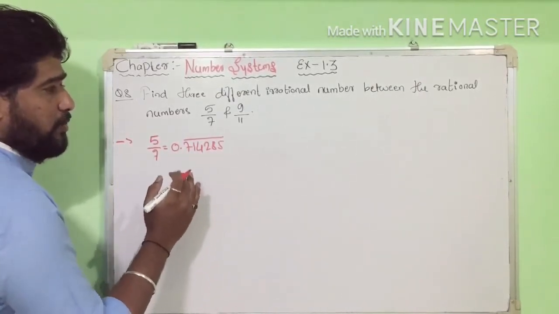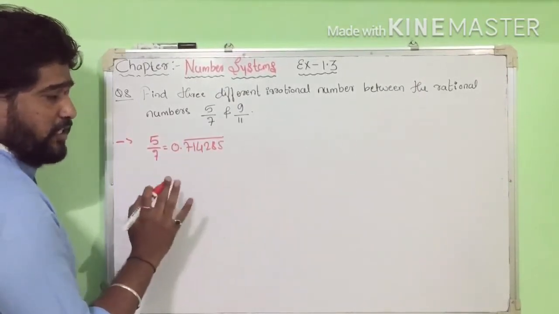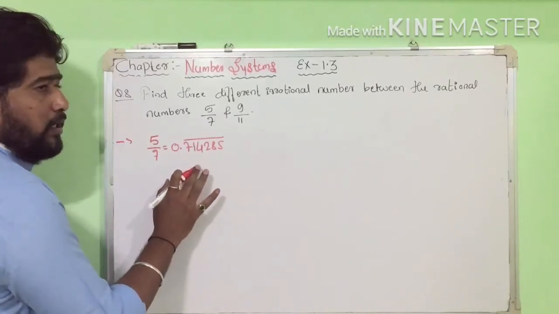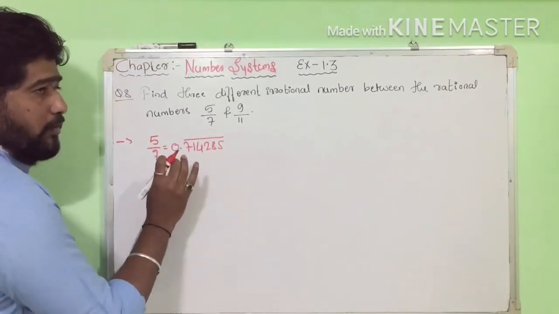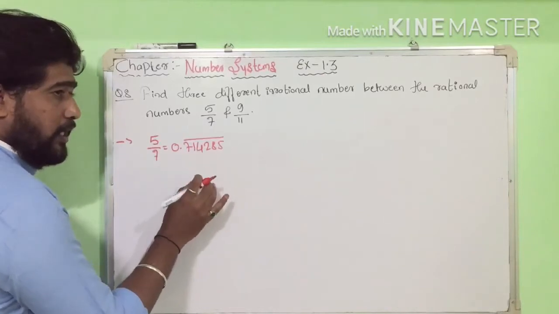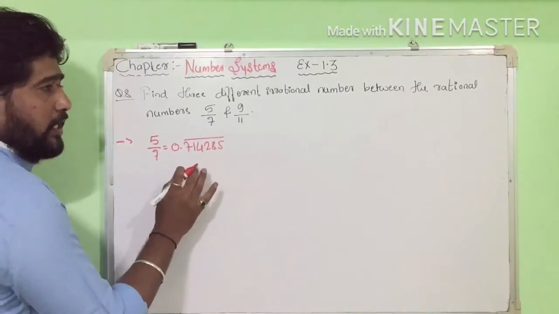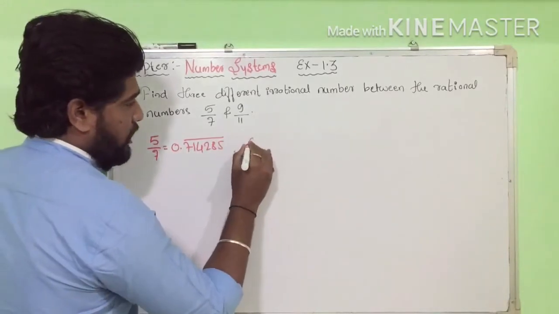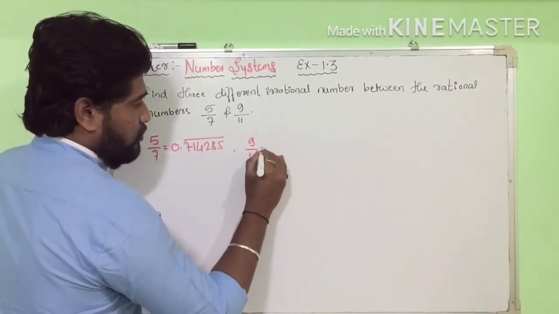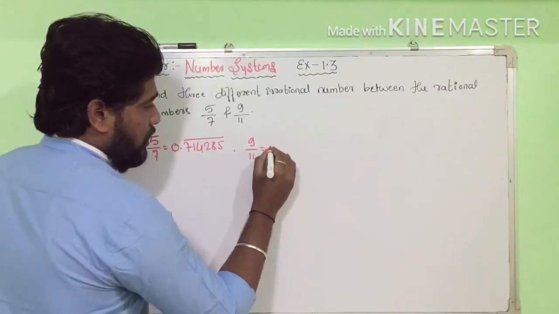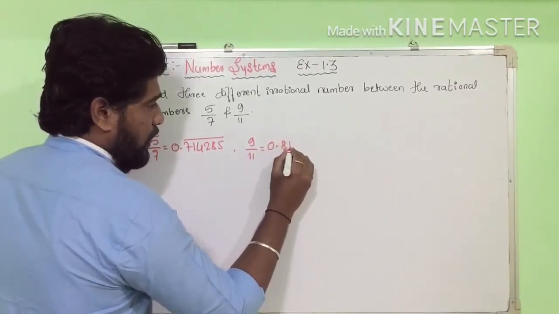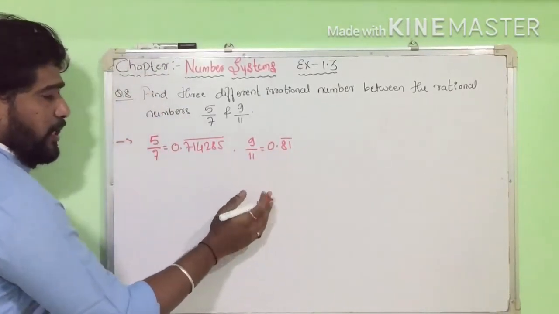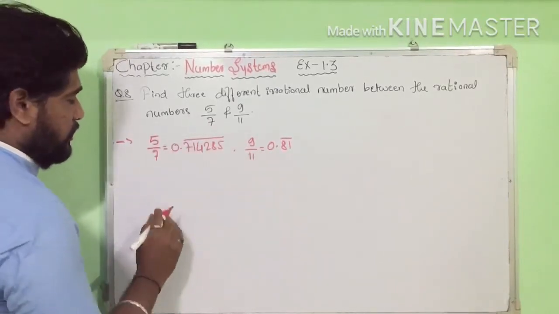Irrational means non-terminating and non-recurring only. Terminating decimals and non-terminating recurring decimals are rational numbers, right? And the other one they gave is 9 by 11. Written in decimal form it is 0.81 repeating, so it is also a non-terminating recurring number, right?